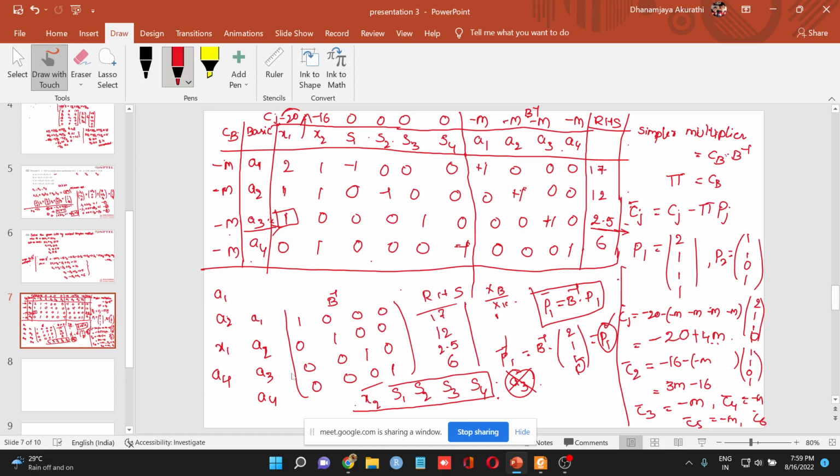So every time we get fewer non-basic variables. In the next case we had 4 non-basic variables, and in the next iteration we had 3 non-basic variables.